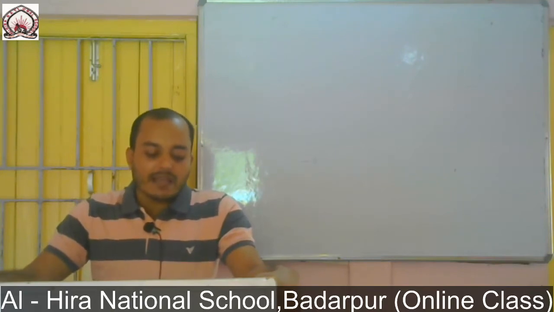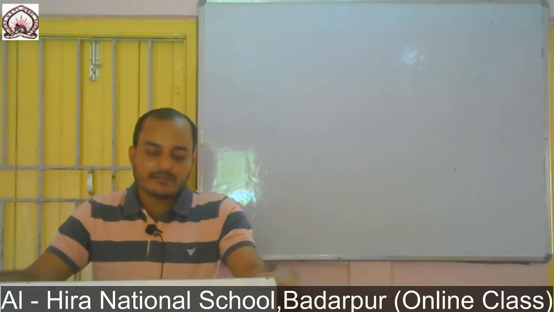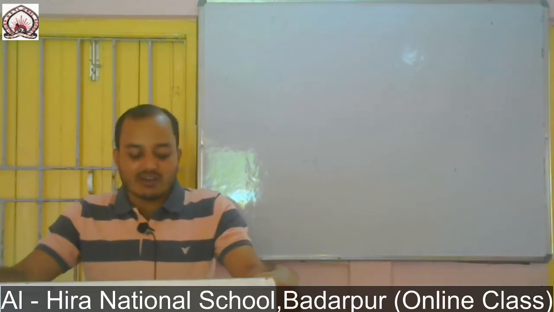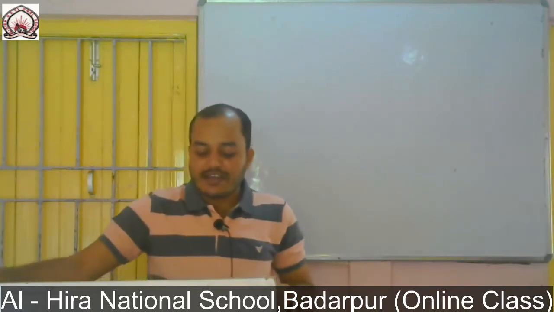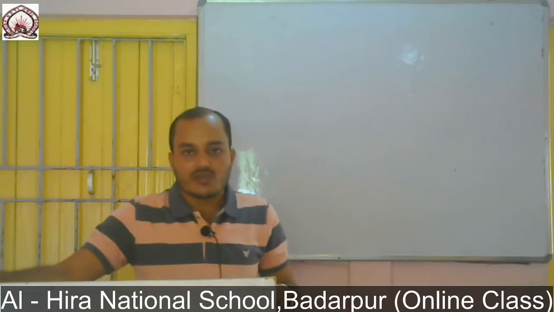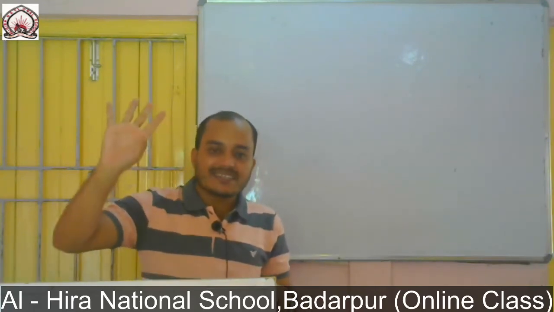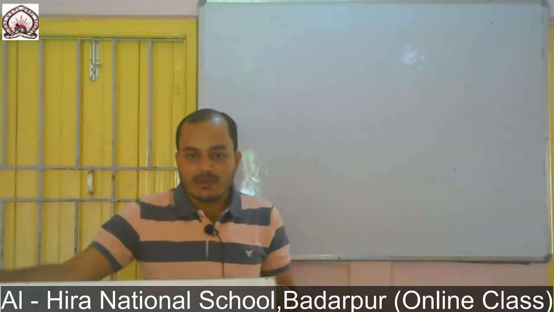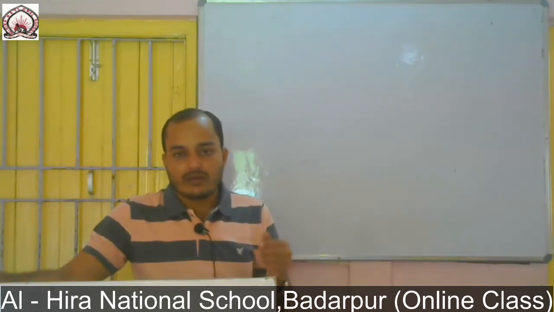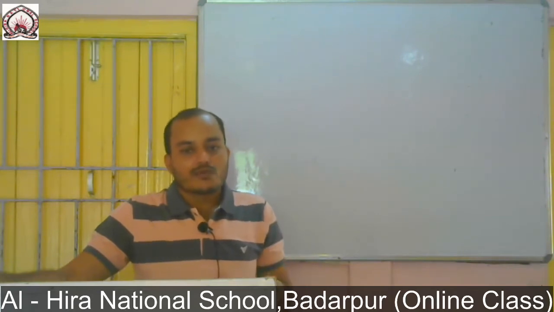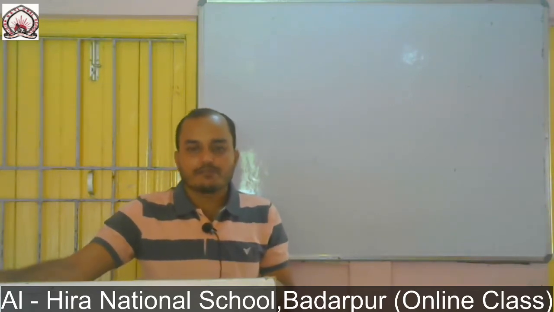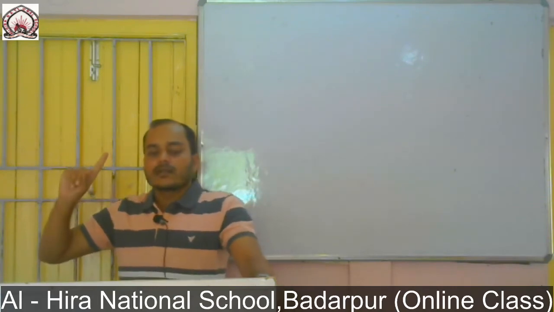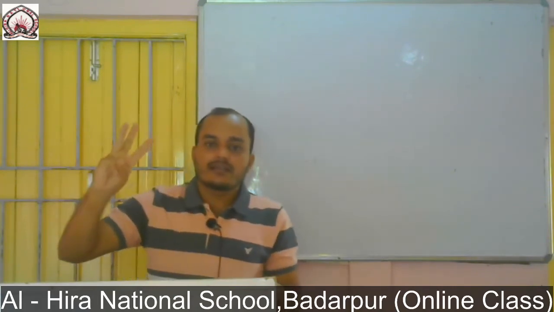Now, the principal aims of this recently announced state industrial policy are: number one, to increase the gross domestic product of the state by developing manufacturing and the service sector. While discussing chapter 1 of your geography part, we had a thorough discussion: primary sector, then secondary, tertiary, quaternary.